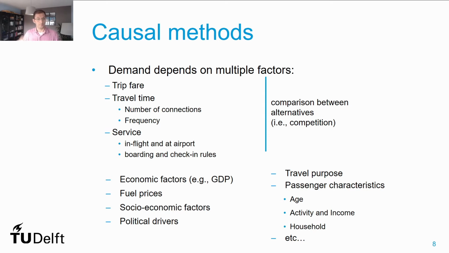But also, besides GDP, other economical factors like the purchase power of the society in the country, fuel prices, political drivers, but also at the individual level, the reasoning of traveling, what is the purpose, leisure or business, what are the passenger characteristics, the age, the size of household, and so far and so forth.